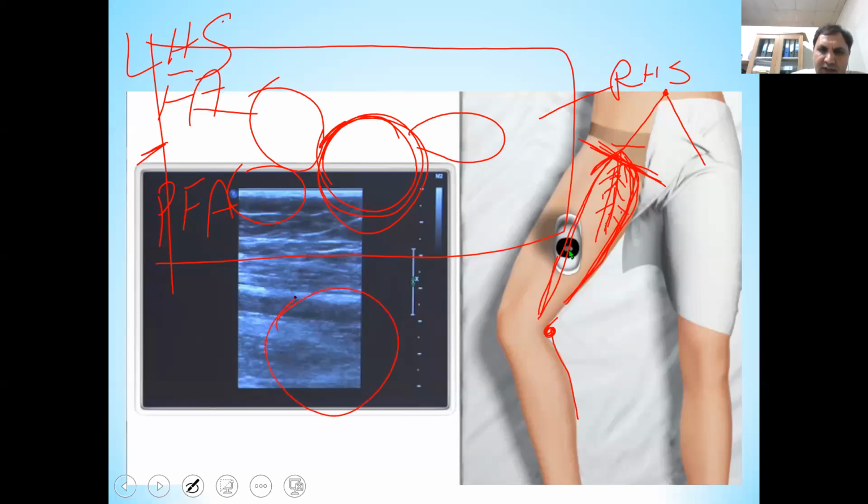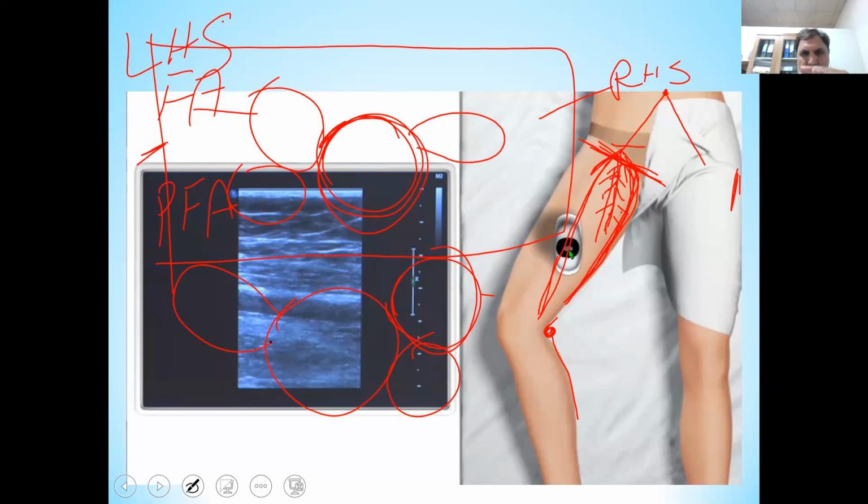Just for example, at the center again there will be the common femoral vein, and on the lateral side there will be the common femoral artery, with the bifurcation of the common femoral artery into the femoral artery and the profunda femoral artery. And the great saphenous vein will join the common femoral vein from the other side.